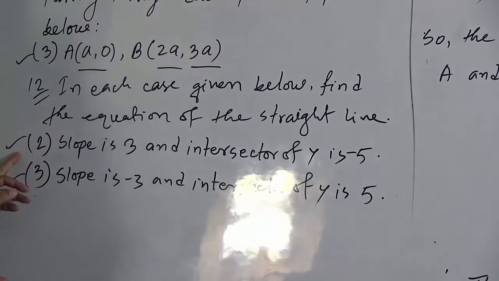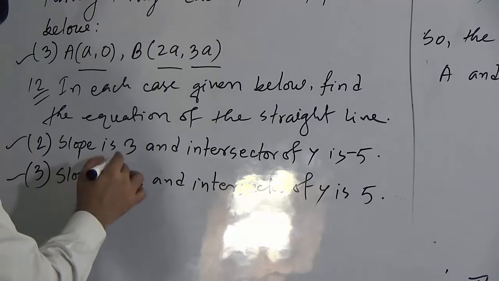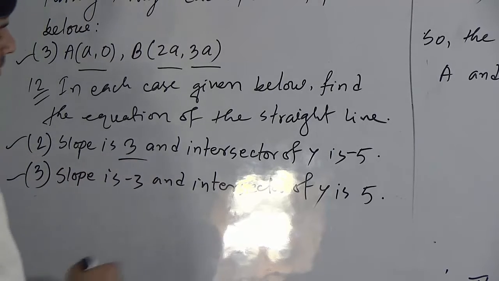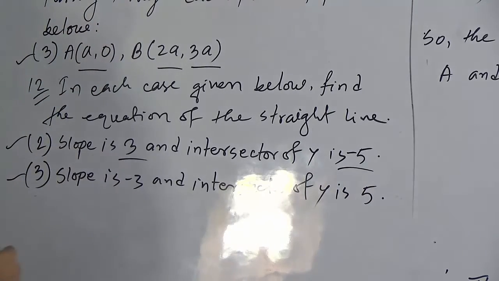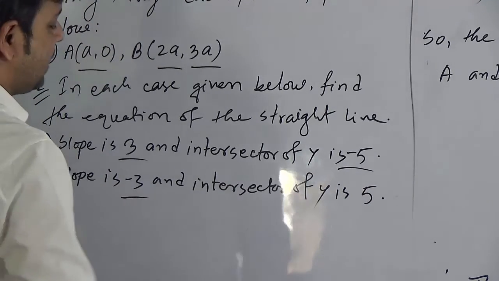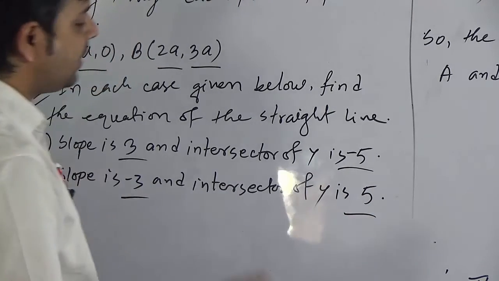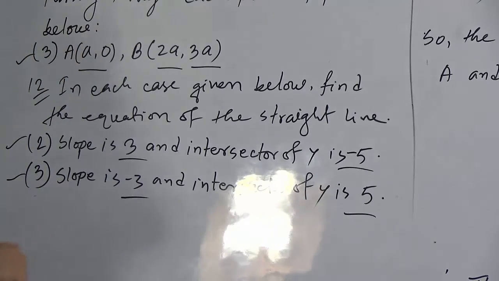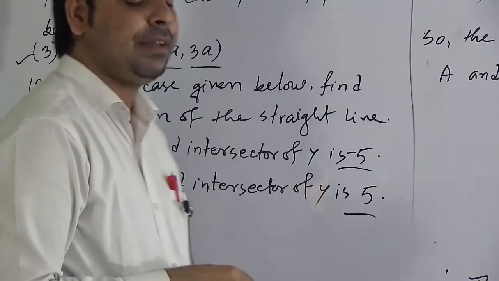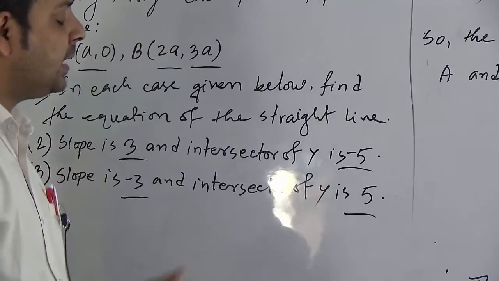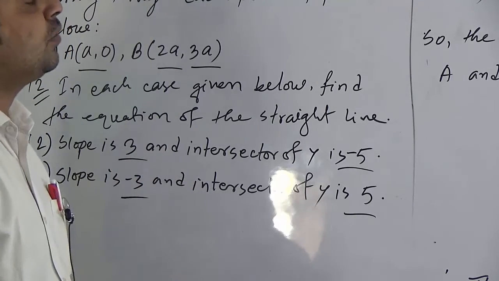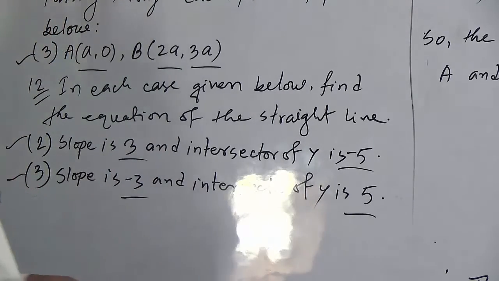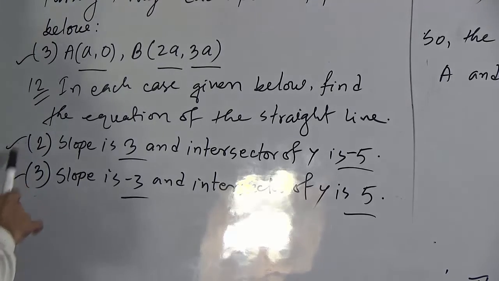For 12.2 we have given here 3 is the slope and intercept of y-axis is 5, and for question 3 slope is minus 3 and intercept of y is 5. Dear students, depending on this information, we have to determine the equation of straight line for both 2 and 3.